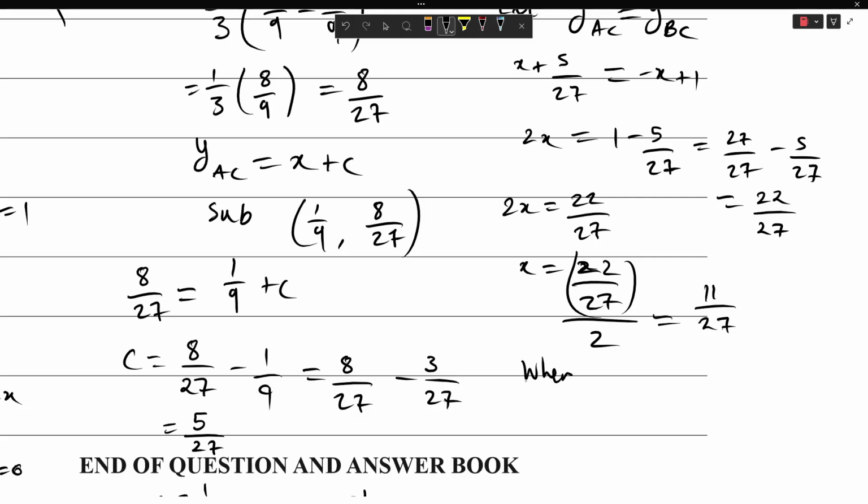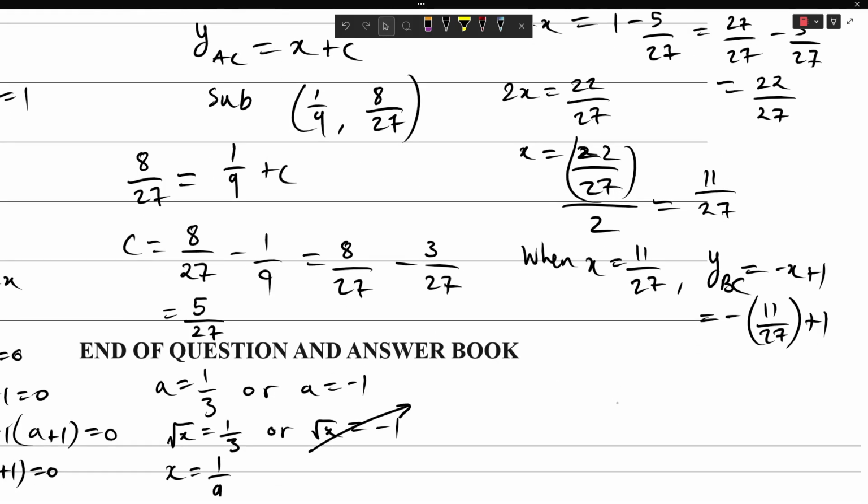Now when x is equal to 11 over 27, the line y BC is equal to negative x plus 1, but the x coordinate that we're plugging in is 11 over 27. So we're going to put that in and then add 1. So we're going to get 1 minus 11 over 27.